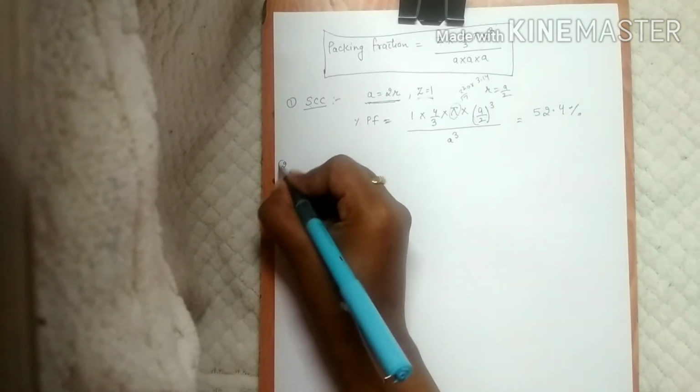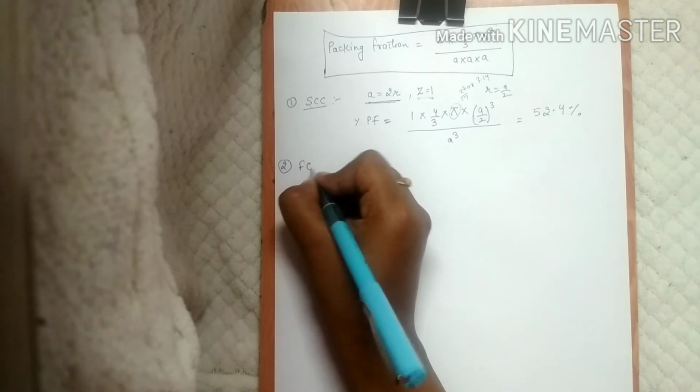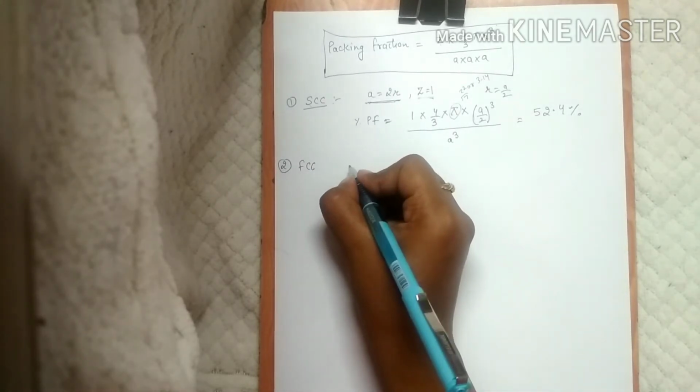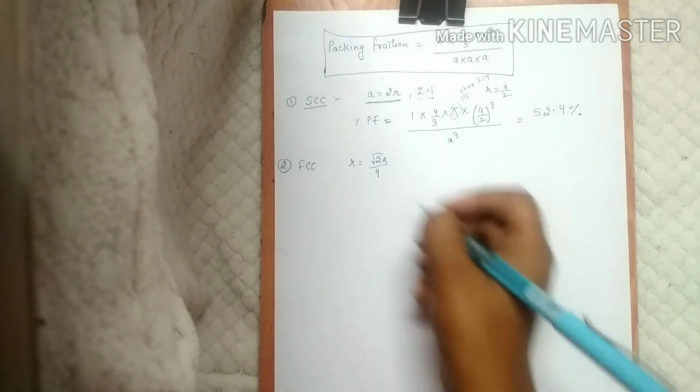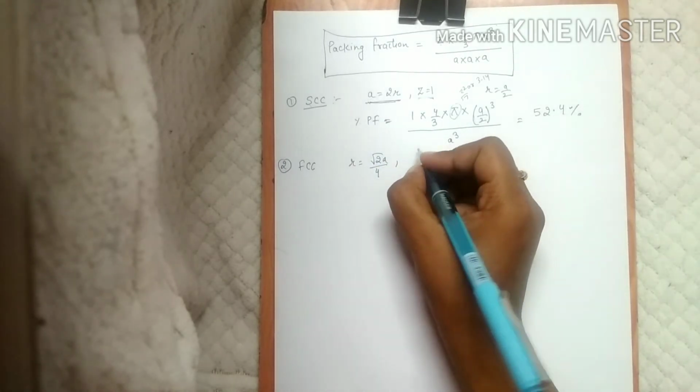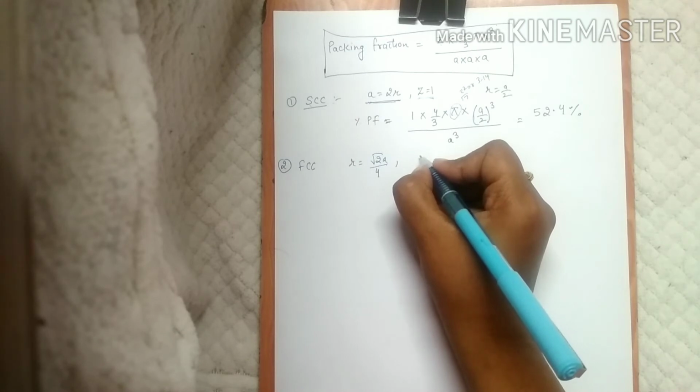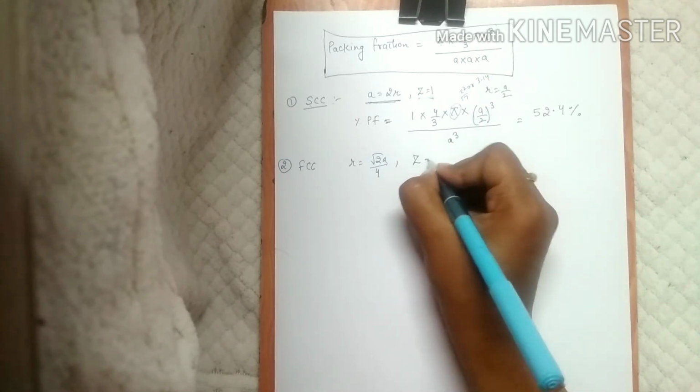Next is second case of FCC, in which we have calculated r is equal to root 2 a by 4, and in case of FCC the value of Z was 4.